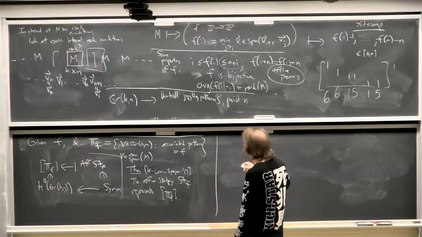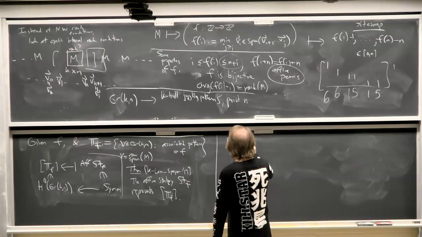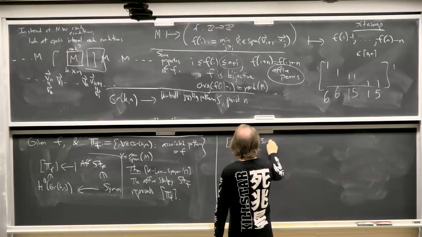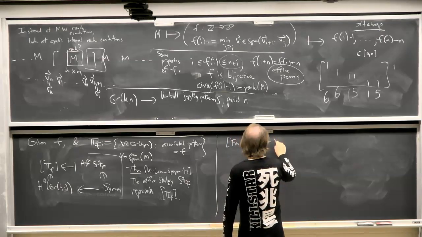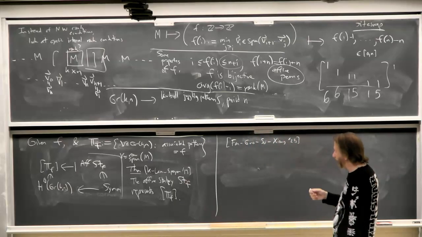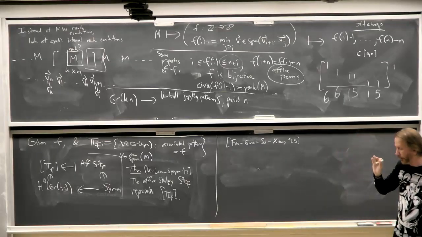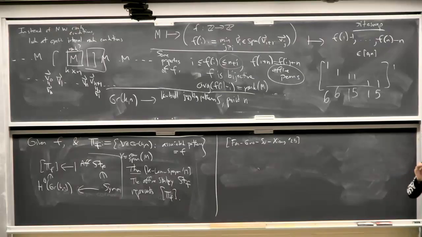So what's new? Last year, there's this paper by Fan, Guo, Su, and Xiong, where they give a, so I'm going to give a very lame and tiny bit of what they did to begin with.